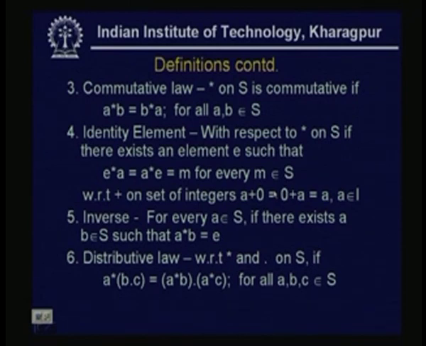Now, similar to that identity element, another concept is there, it is called the inverse element. Again, for every element A belongs to S, if there exists a B, another element belongs to S, such that A star B equals E, means if the operator star, say this is a multiplication, operates on two operands A and B, and this gives the identity element.